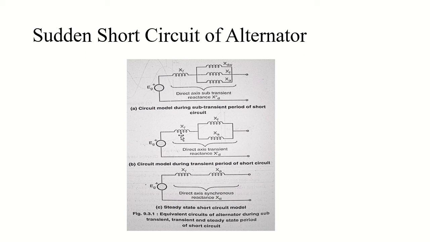You can form the formula of Xd dash from this equation. You are having XF in parallel with XF and XA, which means XA into XF divided by XA plus XF, plus XA. Pretty simple.